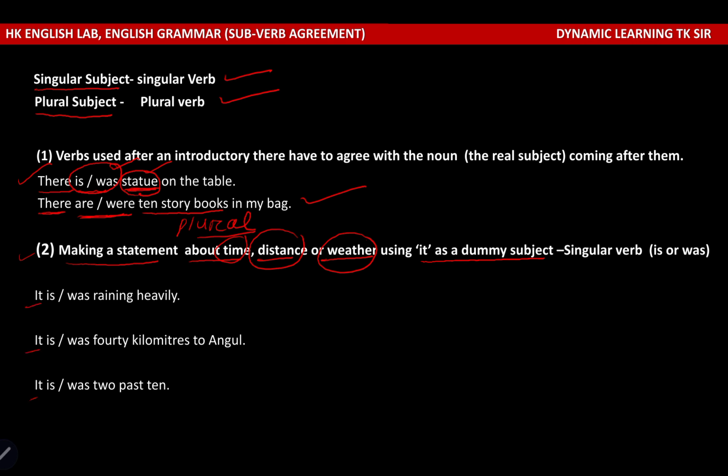After it, if you are speaking about weather like raining heavily, or about distance like 40 kilometers to the goal, or about time like it is ten past ten, then here the verb will always be in singular form, like is in present and was in past. Got it, everyone? Okay, very good.